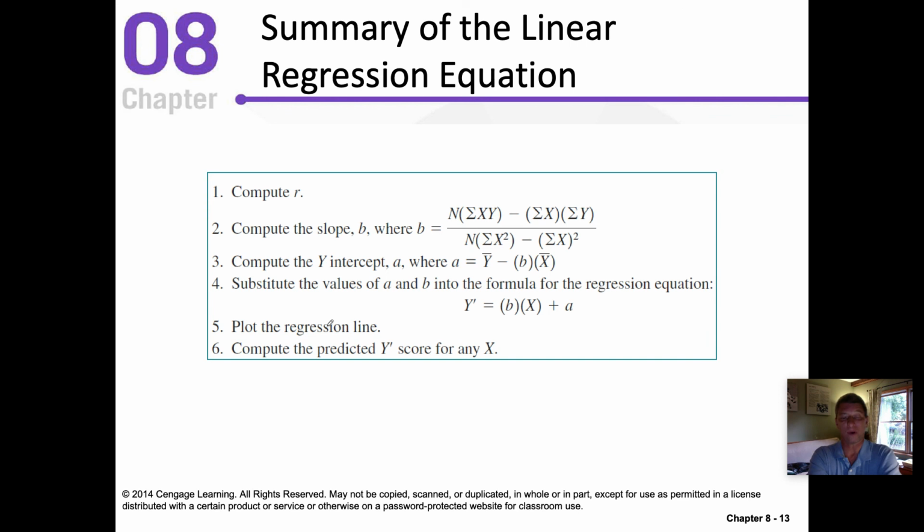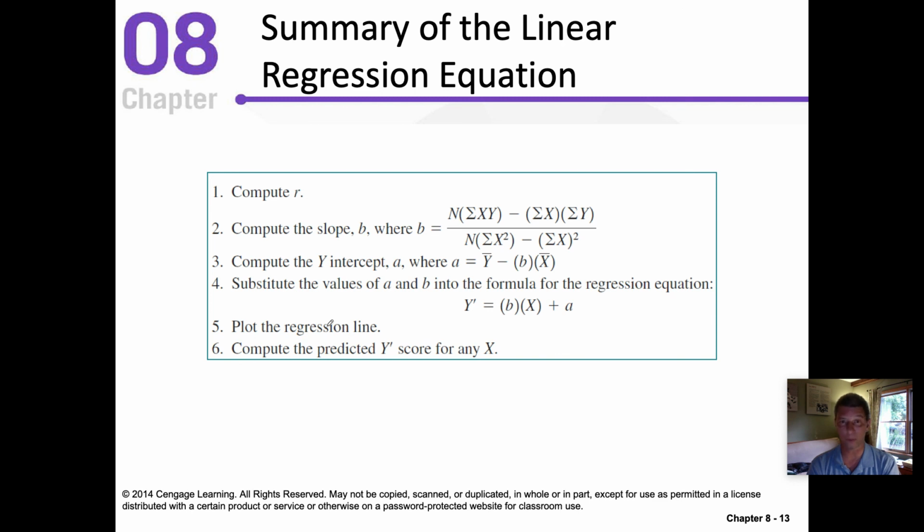All right, and once we've done that, we can then compute the predicted y prime score for any value of x. So, for x equals 6, y prime equals b times 6 plus a. Or, for x equals 12, y prime for 12 equals the slope times 12 plus the y-intercept. It's a fairly straightforward equation. It does involve a good deal of work.